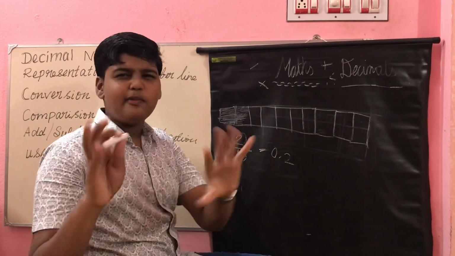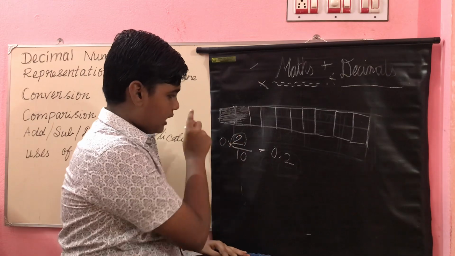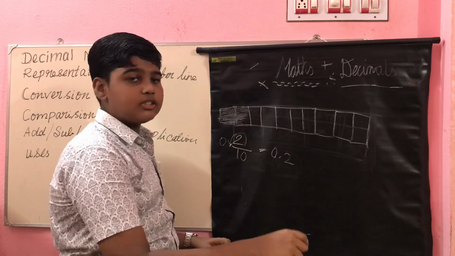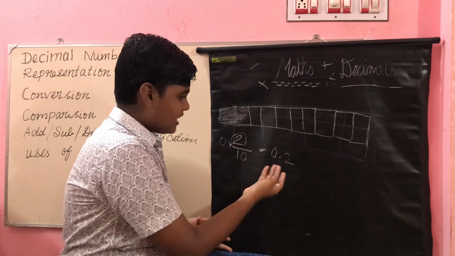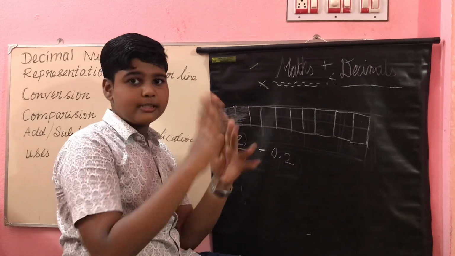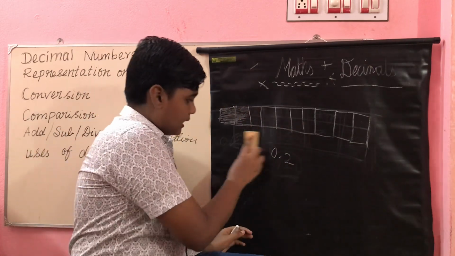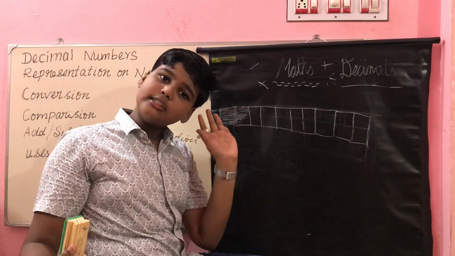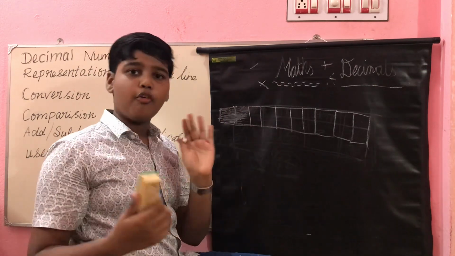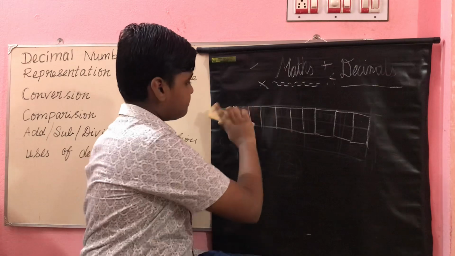Or you don't need to get confused like that. For 2 by 10, you know the tenth place. In the tenth place we will write 0.1, so easy. So we can write 0.2. We don't need to be confused. This is the tenth place. Hundredth place is the same, thousandth also the same. The same method will be followed for the rest.